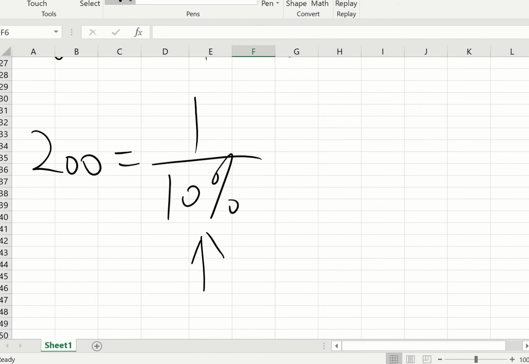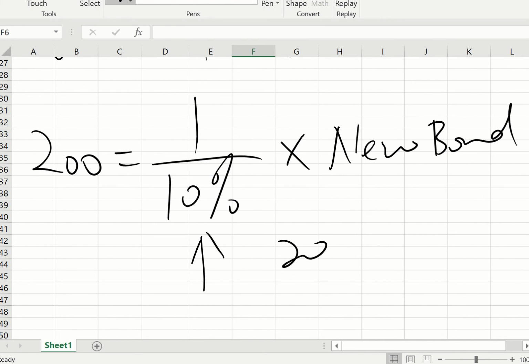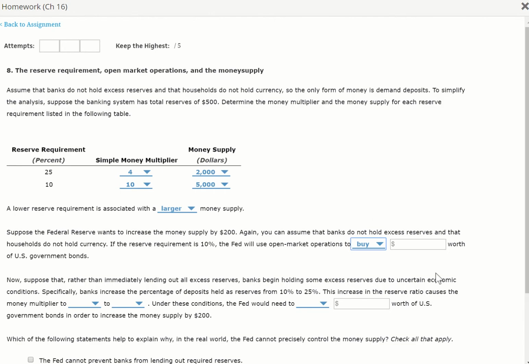That's your money multiplier, times how much your new deposit or new bond is. If you do this formula right, the answer should be 20. So the government needs only to buy $20 worth of bonds, and this $20 will be turned into $200 of money supply.